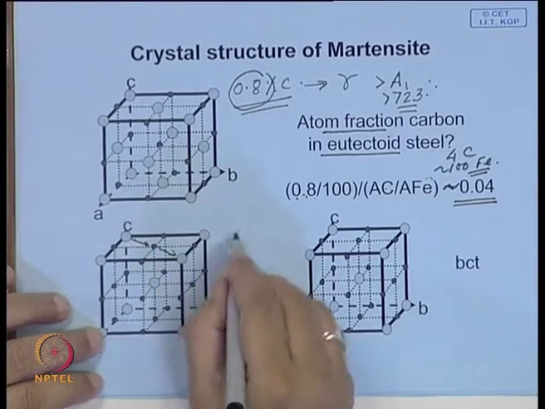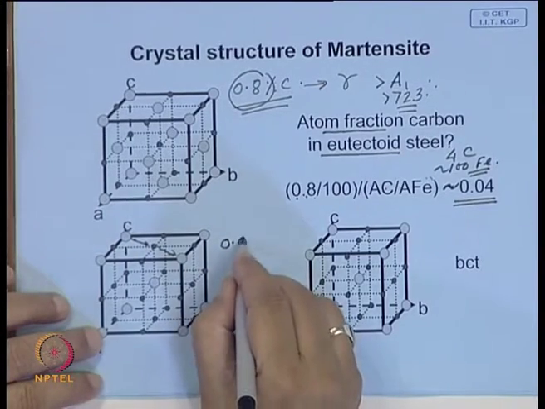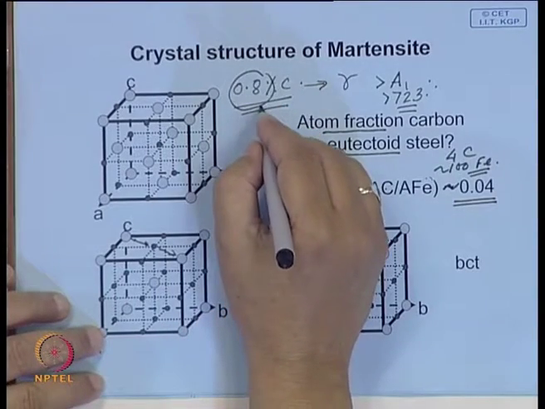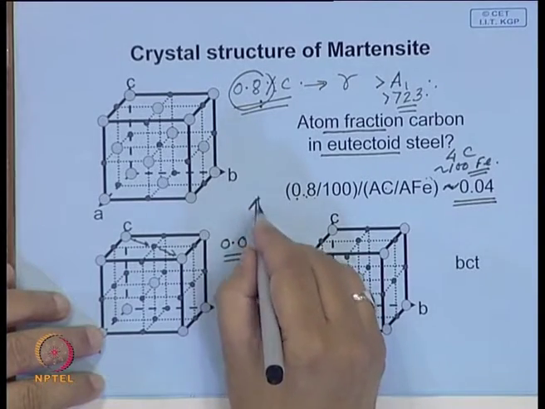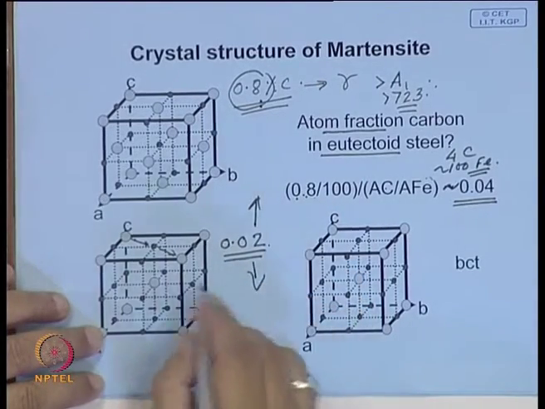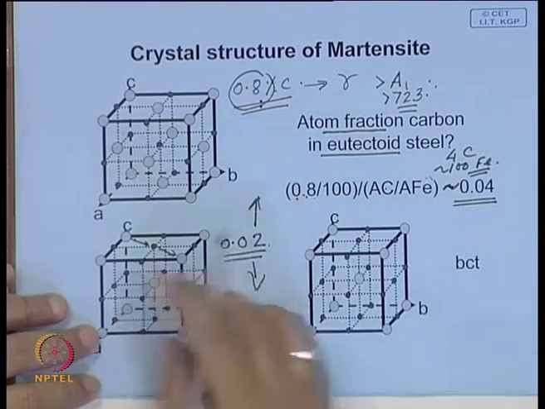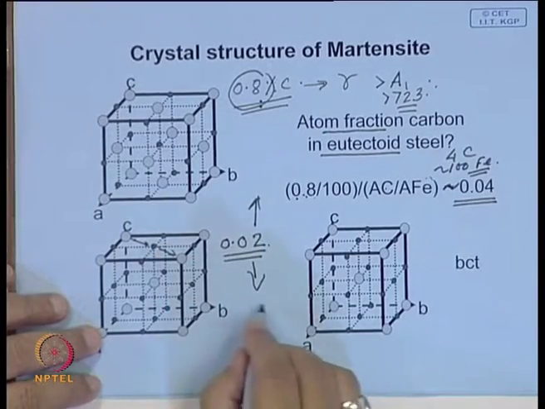And if you are trying to keep so many carbon atoms by force, and mind you, solubility of carbon in BCC is very limited, 0.02, imagine the extent to which this lattice will get distorted. This distortion is so large that its crystal structure also changes.